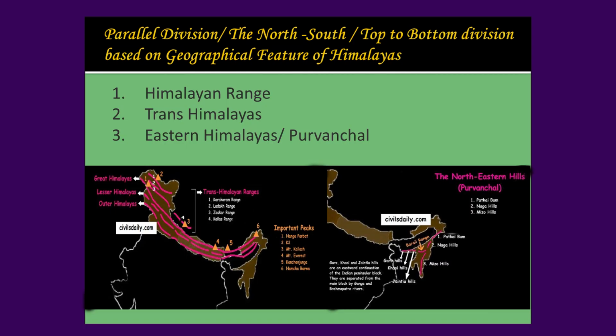Till now we have understood the Himalayas from west to east. Now it's time to understand the latitudinal division of the Himalayas, that is from north to south or top to bottom. It is classified into three subdivisions: the Himalayan range, the Trans-Himalayan range and the Eastern Himalayan range or Purvachal.